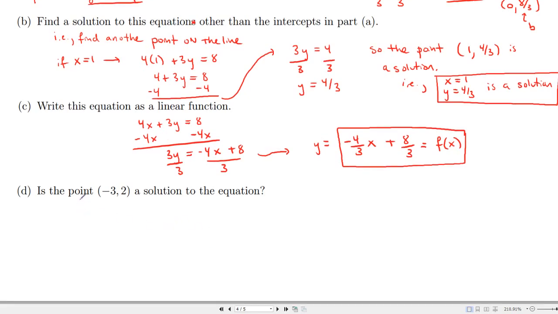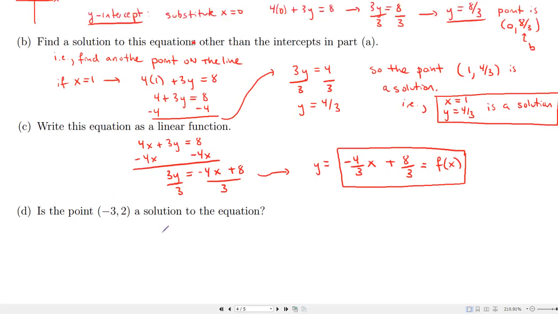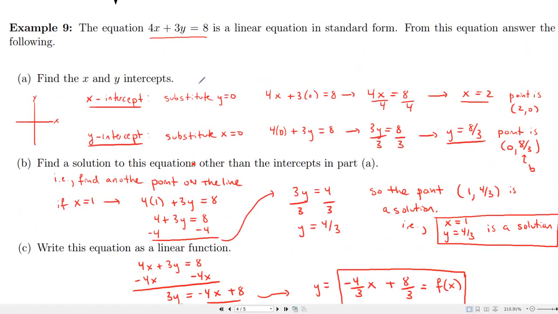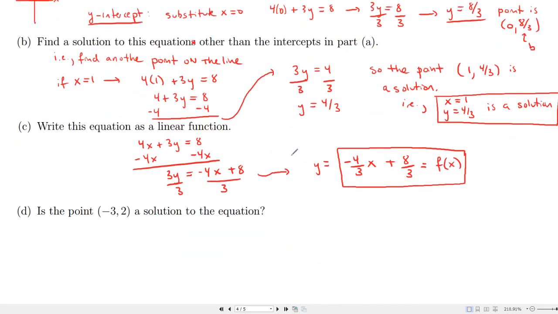Okay, and then the last question is: is the point negative 3, 2 a solution to this equation? So what we could just do is substitute in this point and see if we get that it's a valid solution. So substituting in 4 times negative 3, because that's our x value, plus 3 times the y value, what do we get?